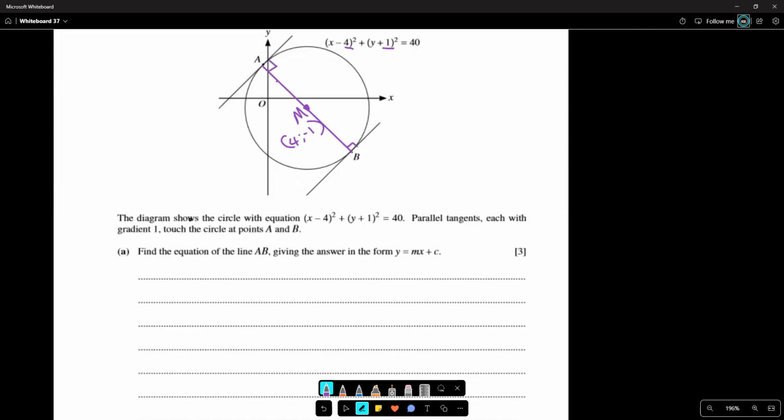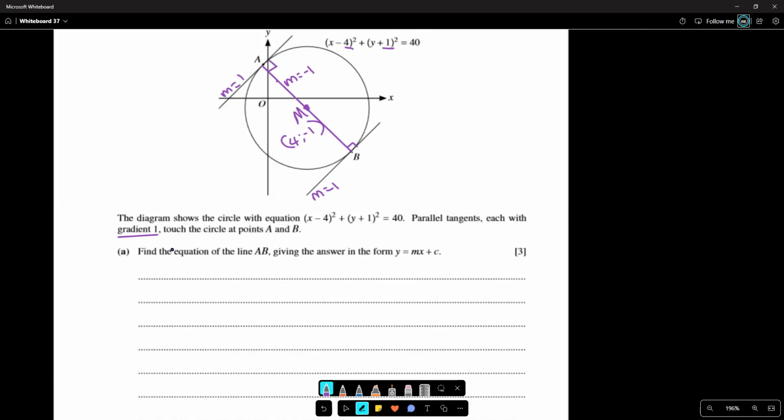And they say the diagram shows the circle with equation, blah. Parallel tangents. So the tangents are parallel, has gradient of 1. So m here equals 1, and also m here will be 1. So since the lines are perpendicular, the m here will be -1. Okay, sure.